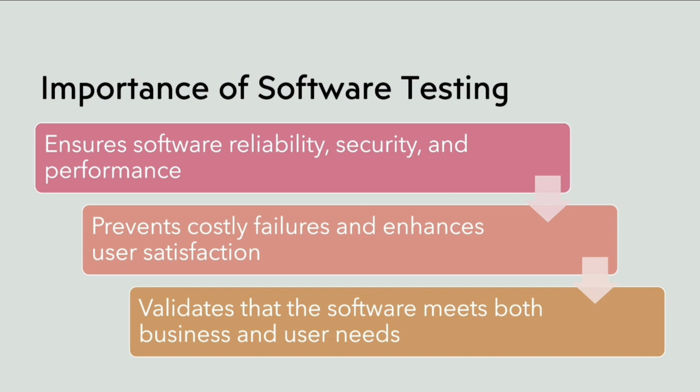Suppose some customer is running a business and has faced some problem, and that problem has been solved by using software. Here we can prevent customer failures and enhance their problem-solving experience through software. Another thing is that we can validate the software from both business and user perspectives.